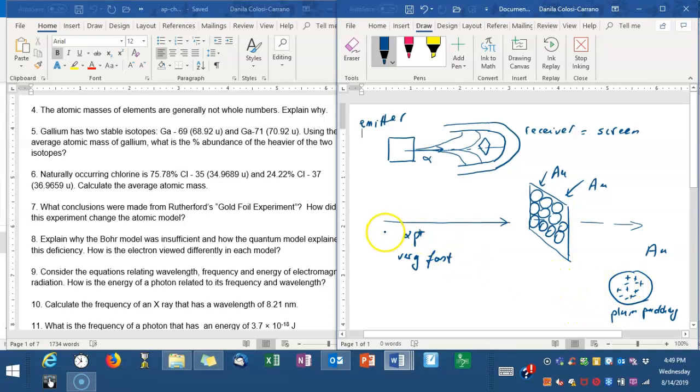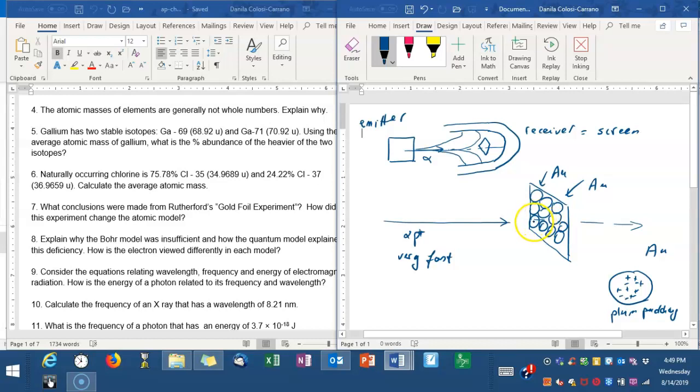Just like when you shoot a gun, the bullet goes through the wall because it's so fast. But that didn't happen. As you see here, those alpha particles were deflected. So that means the only way for those alpha particles to be deflected that much is that actually this wall is super concentrated of stuff.